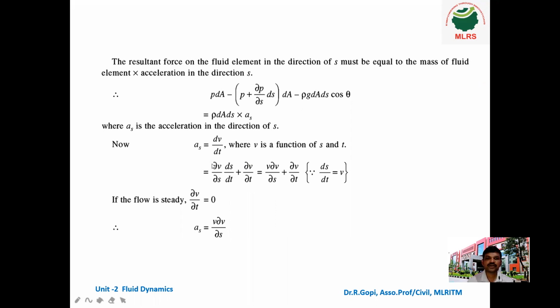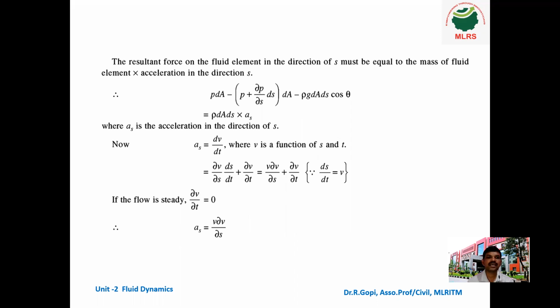Next, ∂v/∂s. Again you write here plus ∂v/∂t. This is already available. Now the flow is steady, which means ∂v/∂t is equal to 0. Therefore a_s is equal to v into ∂v/∂s.